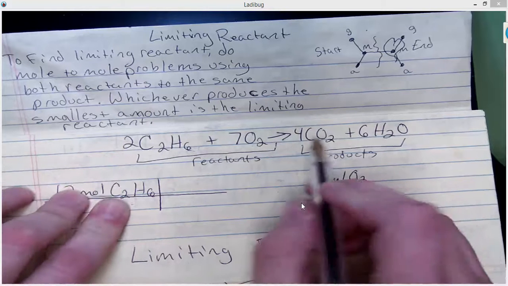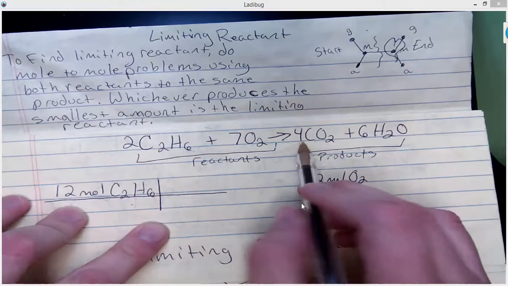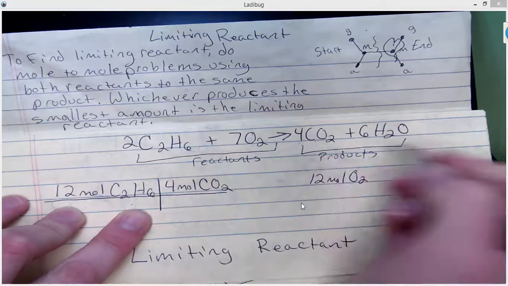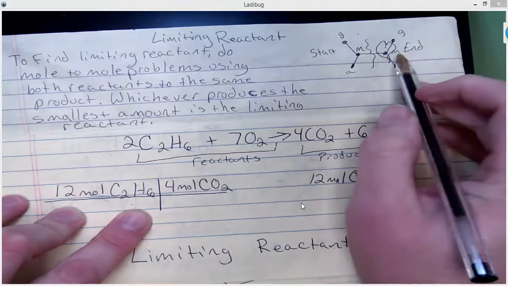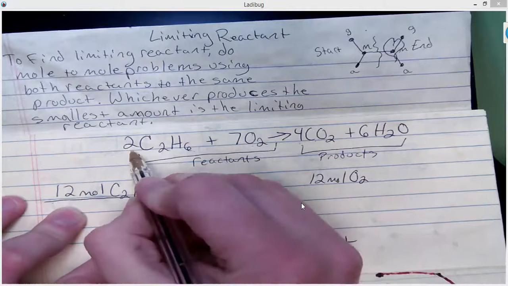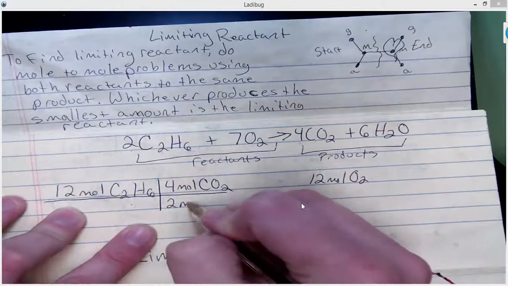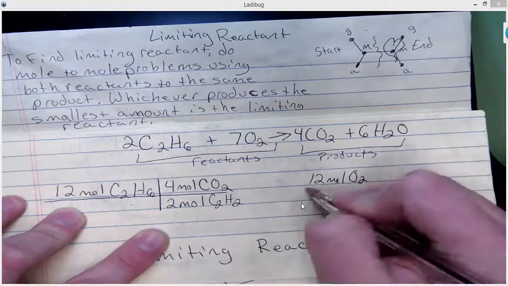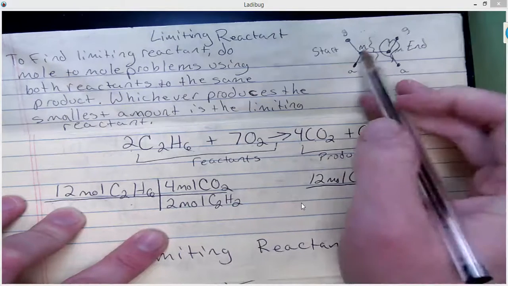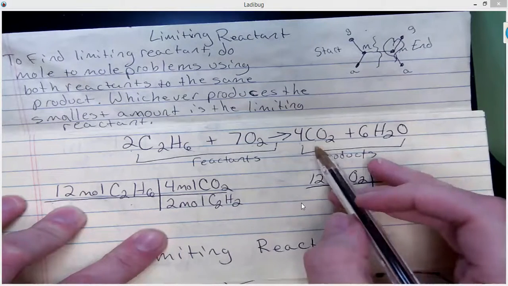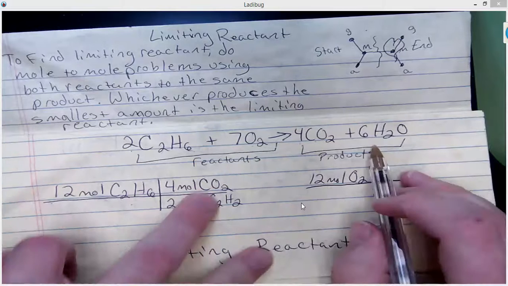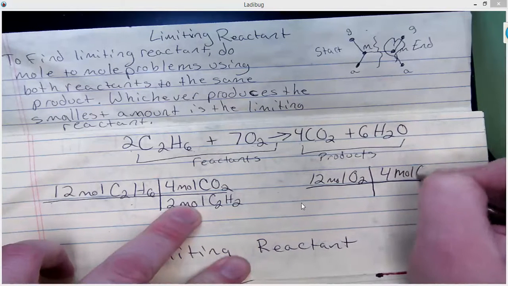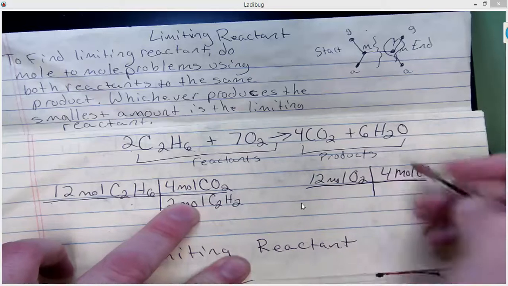And we're going to see for every 4 moles of CO2, because we're just going from mole to mole, really easy, we have 2 moles of C2H6. And then the same thing over here with oxygen, going from mole to mole. We have for every 4 moles of CO2, we have 7 moles of O2.